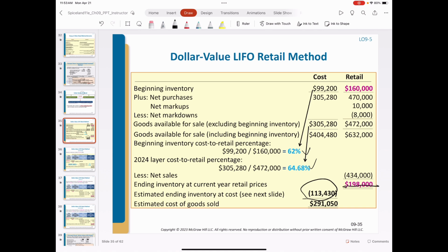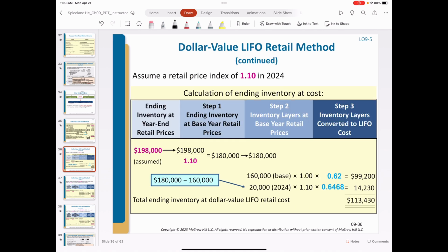For the retail value of ending balance inventory, $198,000, we first use the price index in this year to scale the value of the inventory. It is $180,000. And we assume the base year price index is $1, usually prior year 2023.